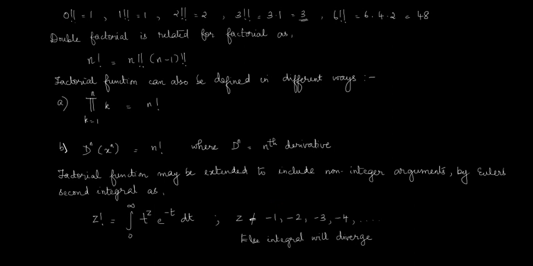You can just check it for yourselves because n double factorial doesn't include the terms n minus 1 into n minus 3 into etc. So in order to include those terms, you will need such a double factorial. If you take a product of both these, you end up with n factorial.